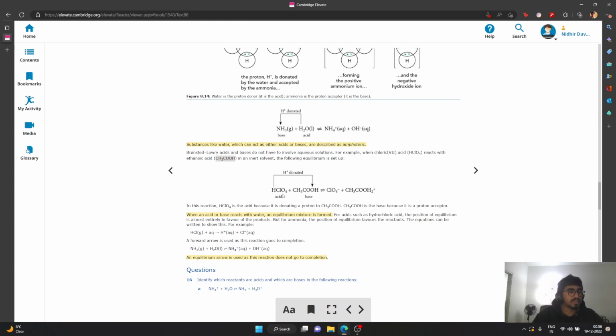This H plus goes from here to the weaker one, which has to accept it. So even though it's an acid, in this particular reaction it's acting as a base. We need to understand this. Of course, because the accepting tendency is not very high, the yield in this reaction will be pretty low, which is why this is an equilibrium reaction, right? So just an intuition. You need to remember all of this.